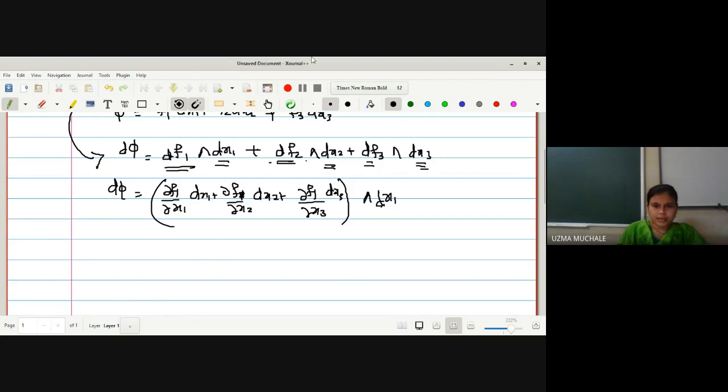Okay, plus next term, what is the next term? This df2, again I have to write down in a very similar way for the df2. You can write down the reason here that any df can be written as summation over i dou f by dou xi dxi.